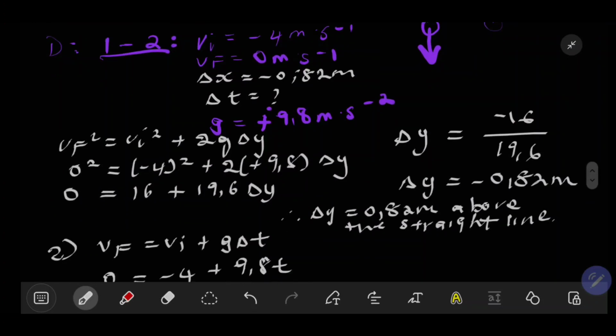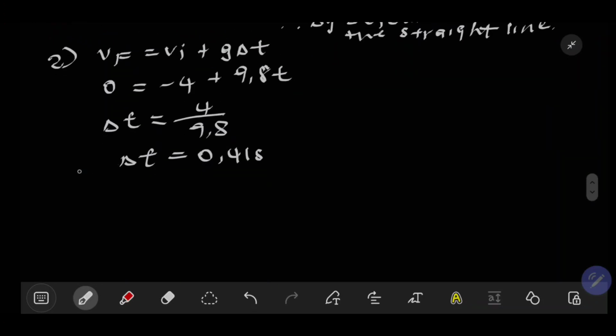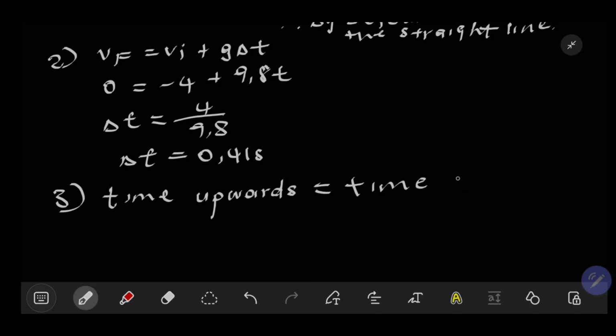So when we answer question number 3, we know that the time it takes for upward motion must be equal to the time it takes to return to the thrower's hand.